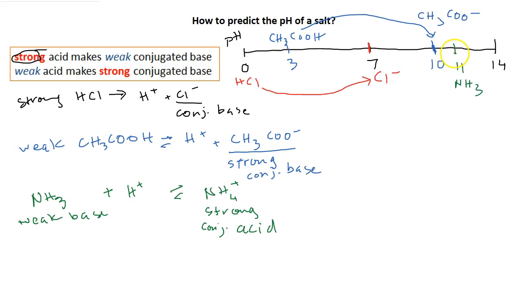Its conjugate acid is going to be 7 points less, so 11 minus 7 is 4. I would guess that its conjugate acid of the same concentration would have a pH of 4. So I would guess NH4+ has a pH of 4.